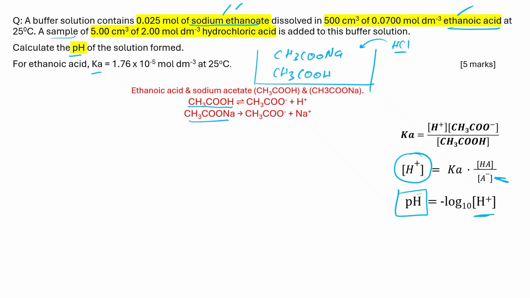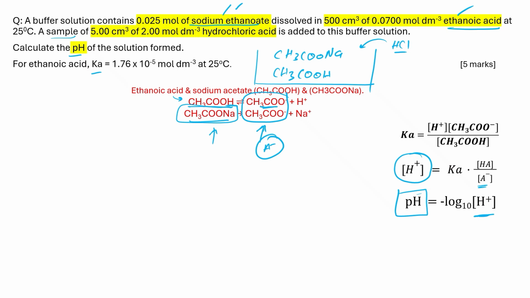We assume that all of these negative ions are formed by the dissociation of salt only, because the acid dissociates poorly. Its dissociation will happen partially. There are very few negative ions being formed by the dissociation of acid. So we assume that all of these negative ions, which in this expression are A negative, are formed by the dissociation of salt.